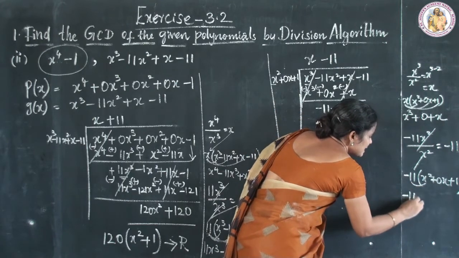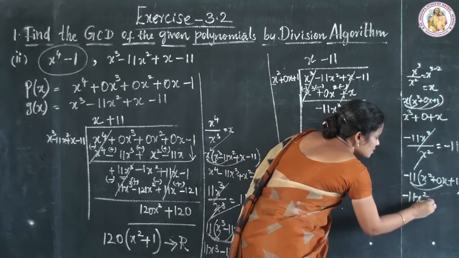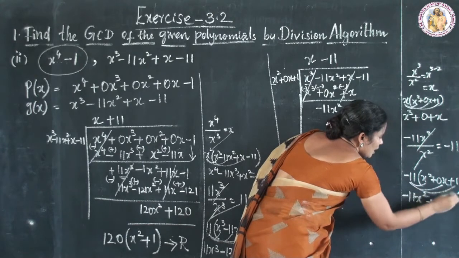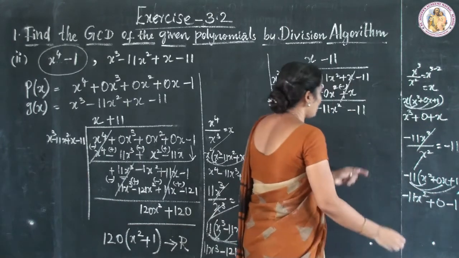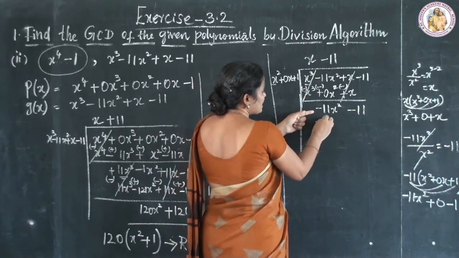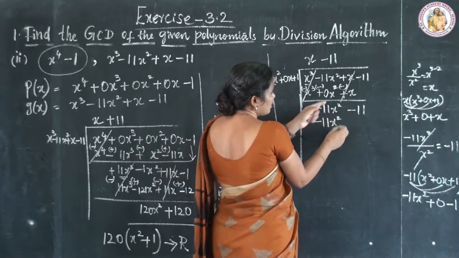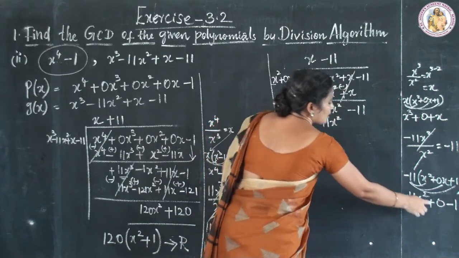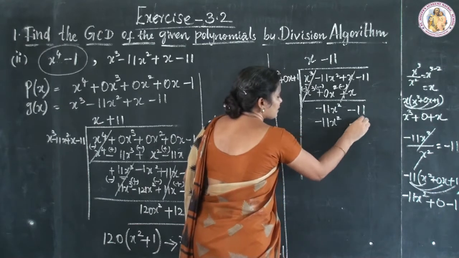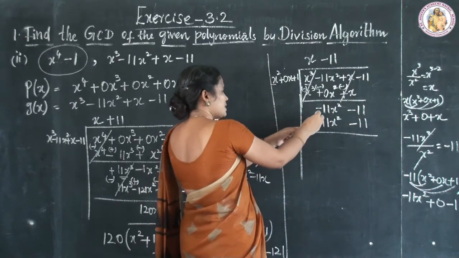Multiply minus 11x square, 0 and minus 11. Okay? Now you can see minus 11x square, 0 already it is cancelled, leave 0 and write minus 11. Now change the sign.